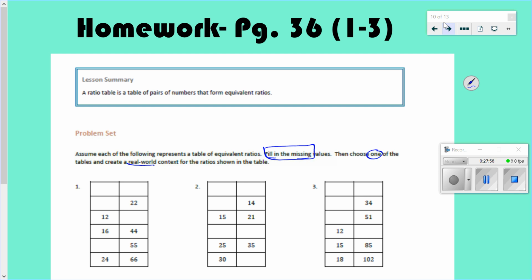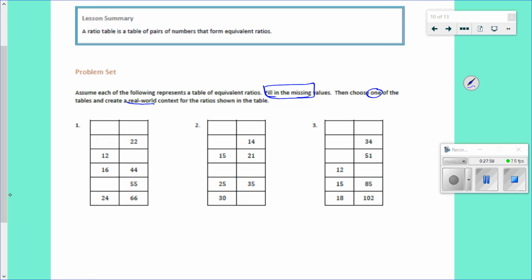especially when I pointed out to you guys that this is what we're expecting. So let's read the directions. Assume each of the following represents a table of equivalent ratios. Fill in the missing values, then choose one of the tables and create a real-world context for the ratios shown in the table. So how many things do we have to do on this for our homework?